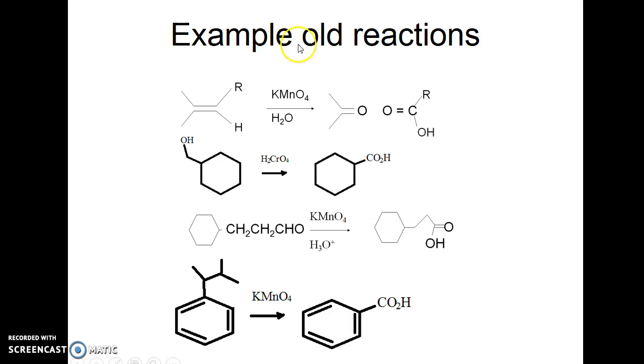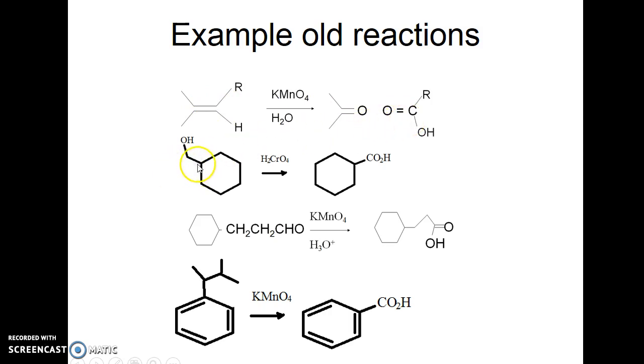On this first one, we see an alkene, and the alkene is treated with an oxidatively cleaving set of conditions. Potassium permanganate and water does this. And what happens? We cleave, and anything that has a hydrogen on the carbon in the double bond, that carbon is turned into a carboxylic acid.